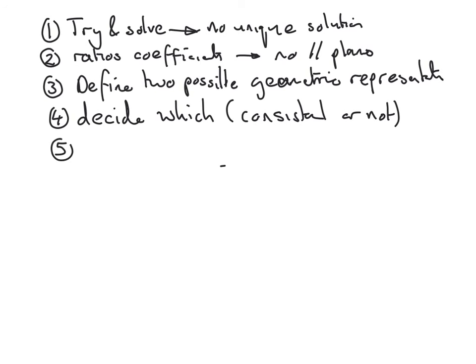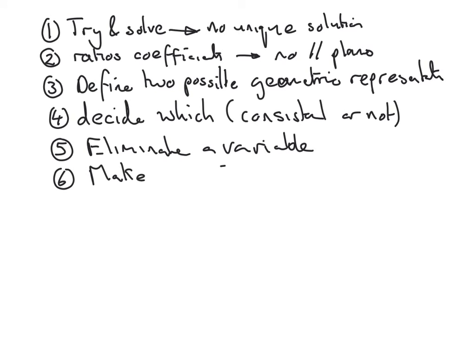Step 5 would be eliminate a variable from the equations. Step 6, make the common variable the subject in each equation.